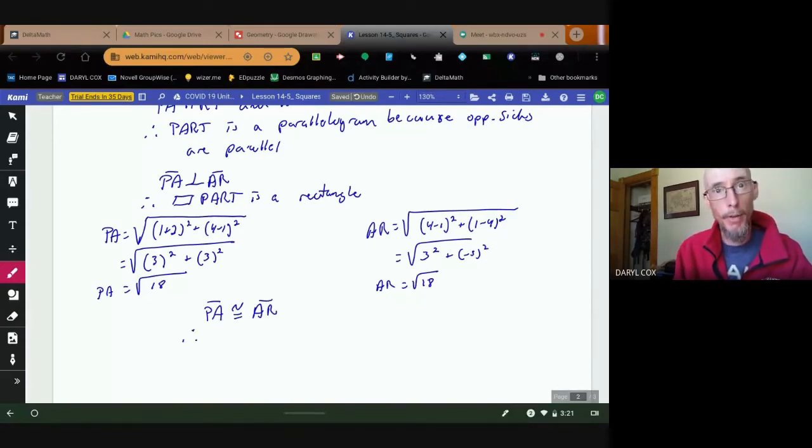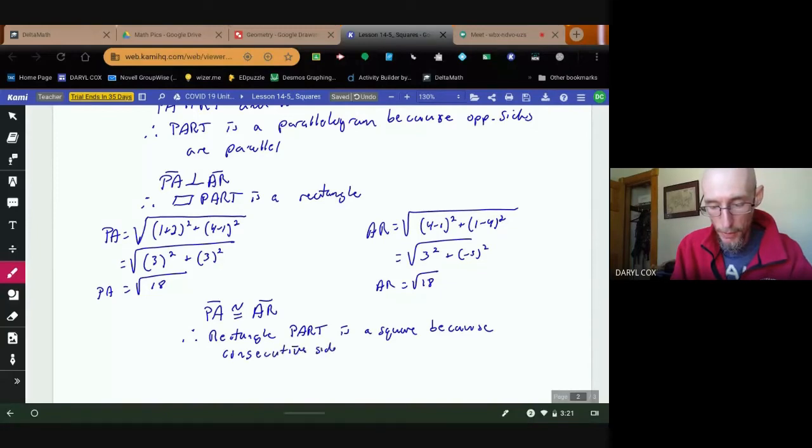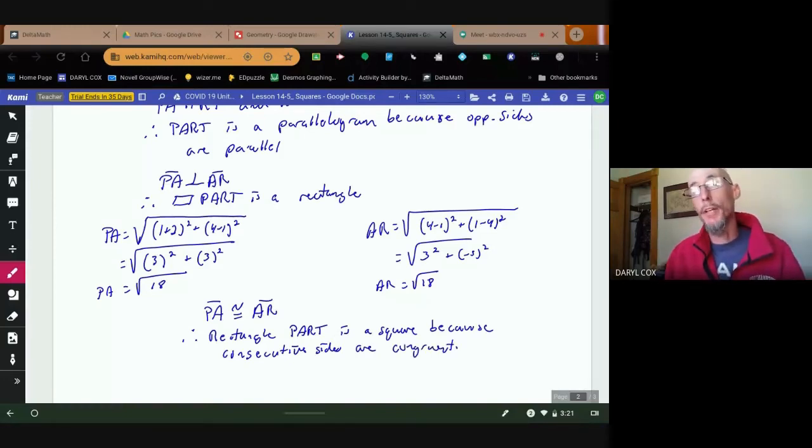Therefore, now watch how I write this. Rectangle, because I already proved it's a rectangle, PART is a square because consecutive sides are congruent. Okay, so a rectangle that has consecutive sides congruent is a square.